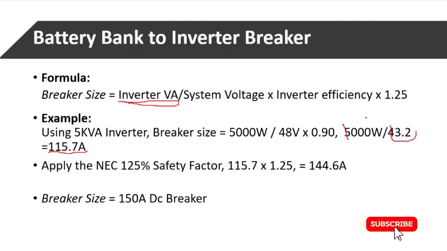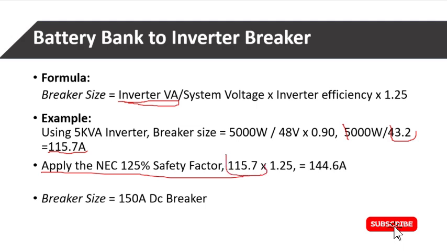Then whatever specs you are putting in here, you multiply by the safety factor of 1.25. For this example, the value before the safety factor is 115 amps. As we can see here, we have not multiplied yet. The multiplication is at this place here.